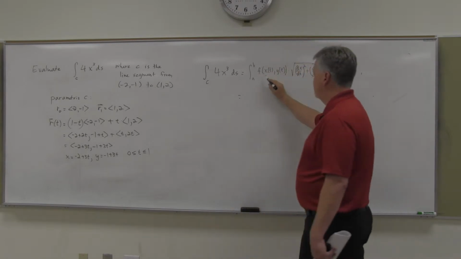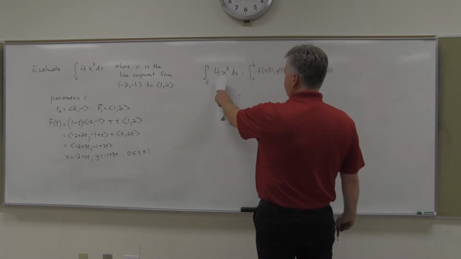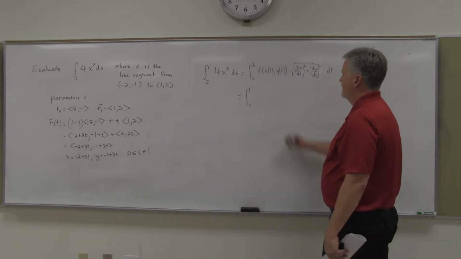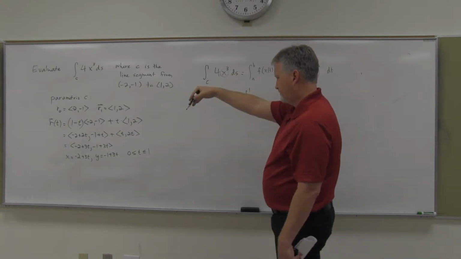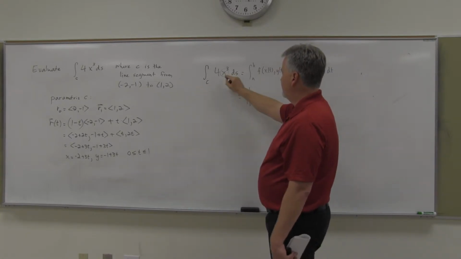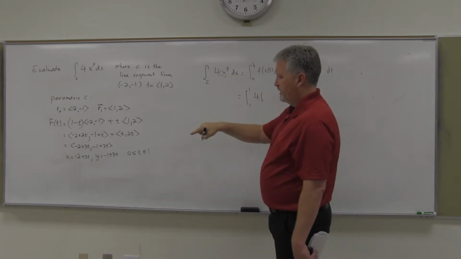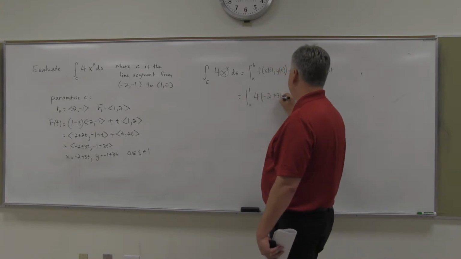What this means is we change a to b, 0 to 1, and rewrite this with your parametric formulas. The only variable involved is x, so it's 4 times (-2 plus 3t) to the third.